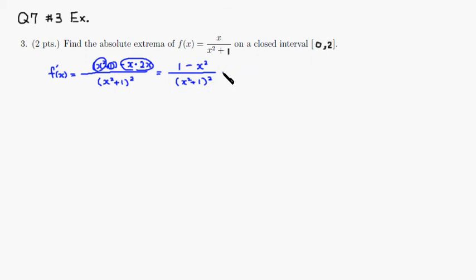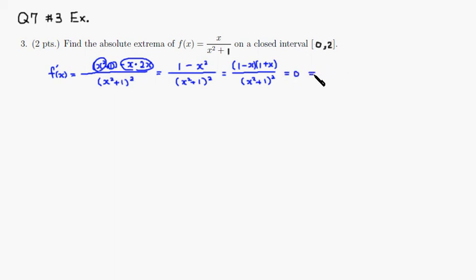Right, luckily the numerator is the difference of squares. We can factor it out, so this is going to be 1 minus x times quantity 1 plus x. Right, then the same denominator. Right, set that equal to 0 to find the critical number.